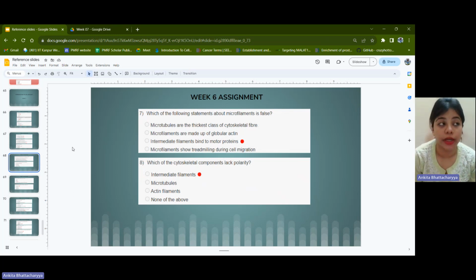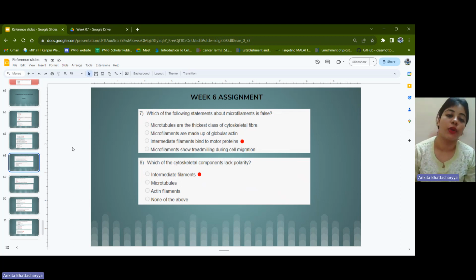Intermediate filaments do not bind to any motor proteins. Only the other two do, because intermediate filaments do not have any role in cell motility per se, or much of a role in cell division. They are mainly for structural support, for providing mechanical strength within the cell in different locations based on where they're present and what their function is.